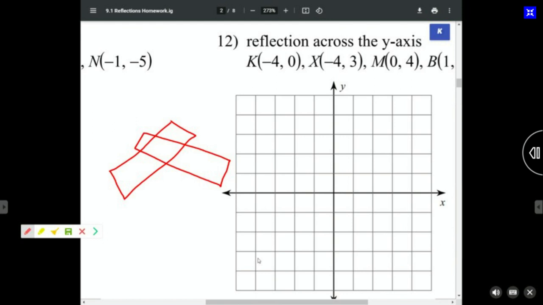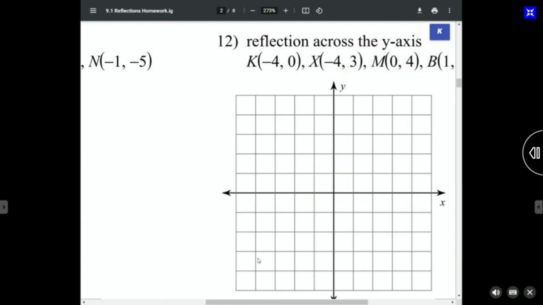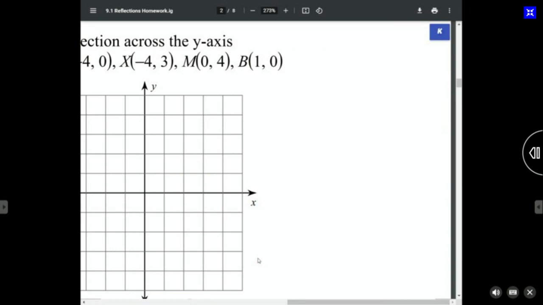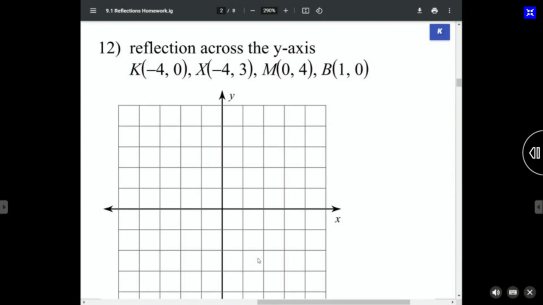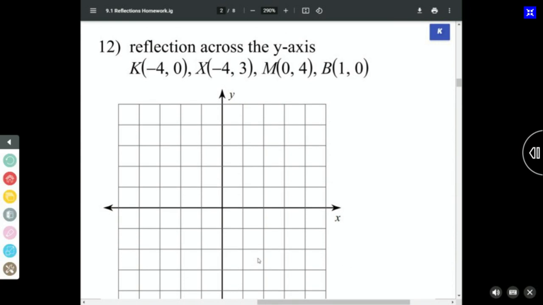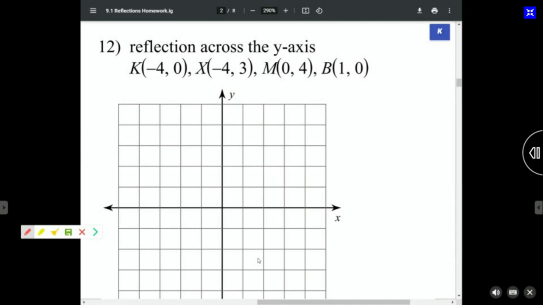All right, across the y-axis. So all of these y's are going to do what? Stay the same, right? So what is K prime going to be, guys? Y stays the same.